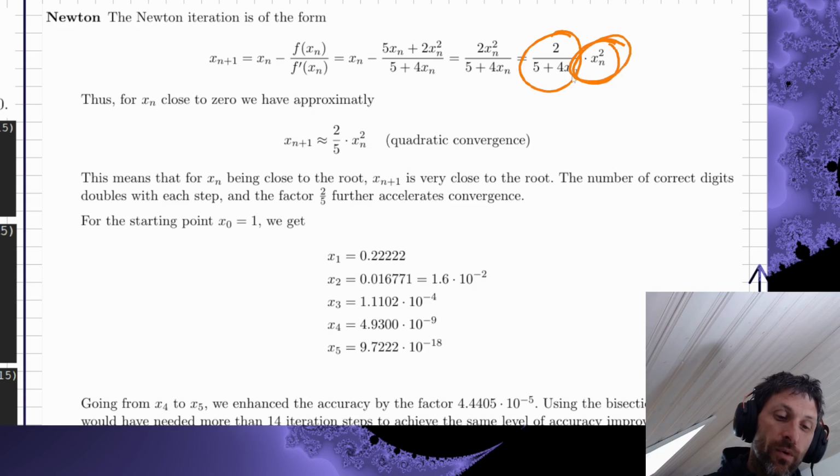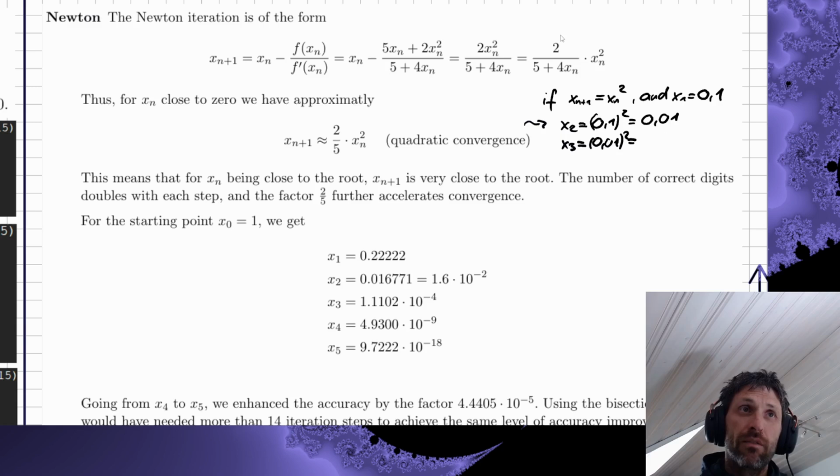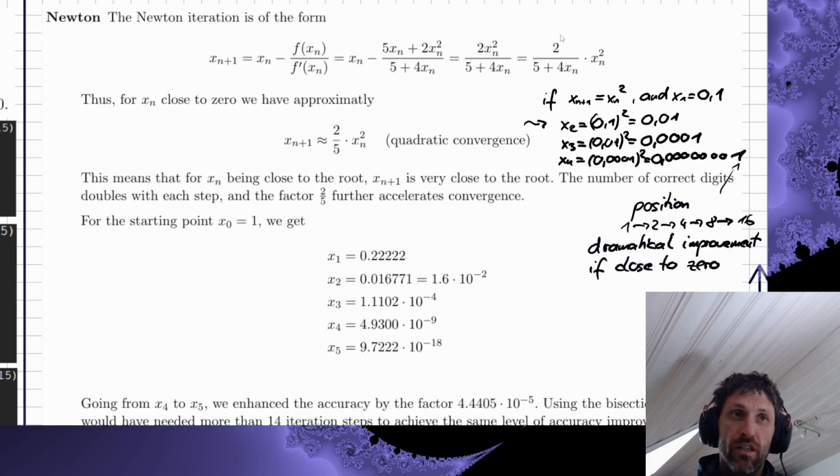And this is the quadratic convergence, and there is a factor on top, which is 2 divided by 5. What does quadratic convergence mean? That means if you are close in one step, let's say in step number 4, in step number 5 you will be much closer, and in step number 6, you will be much closer.